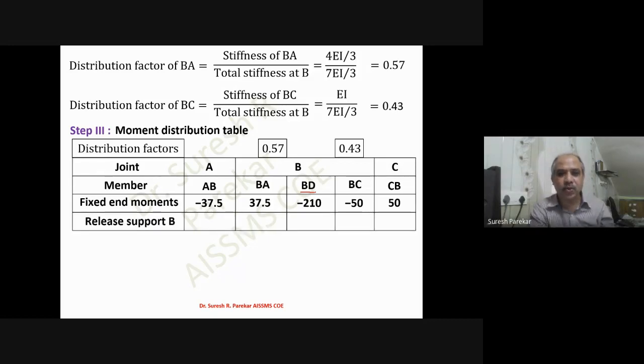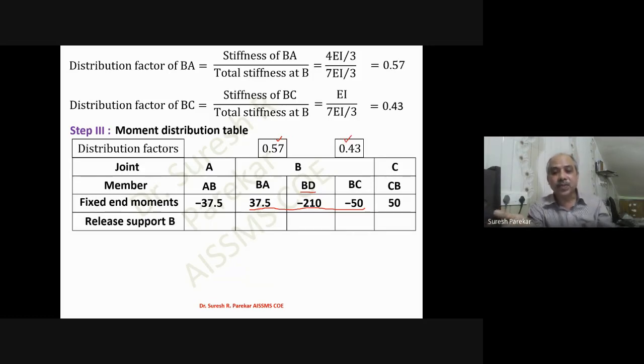So we are going to release support B, or you can say we are going to distribute, and the same thing for this case only. So how will we release support B? We are going to add this algebraically, and whatever unbalanced moment we get, we multiply that unbalanced moment by these distribution factors 0.57 and 0.43.